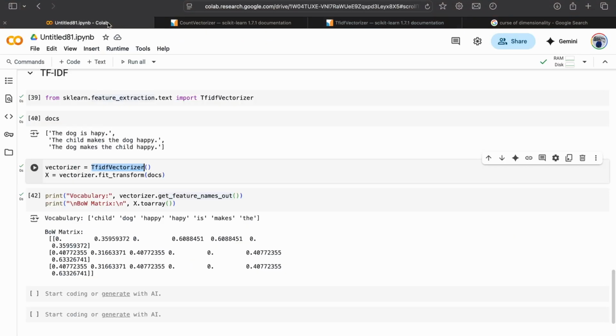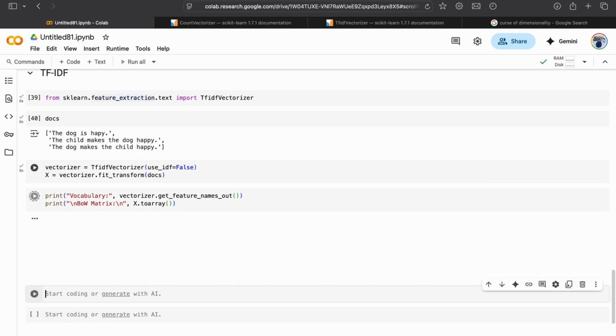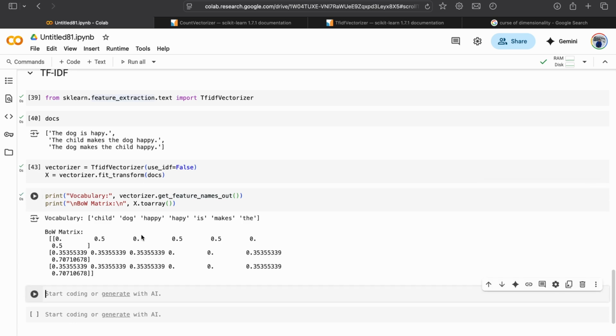So let's see that in action. So let's say use_idf is false. Now we will only see the term frequency. The numbers won't be what we expected because the actual calculations happening in the library are slightly different.